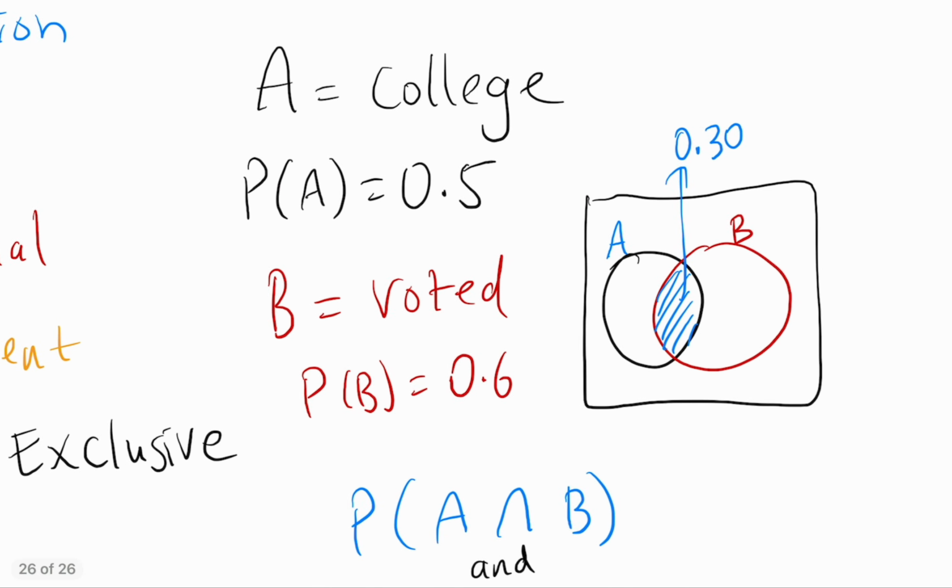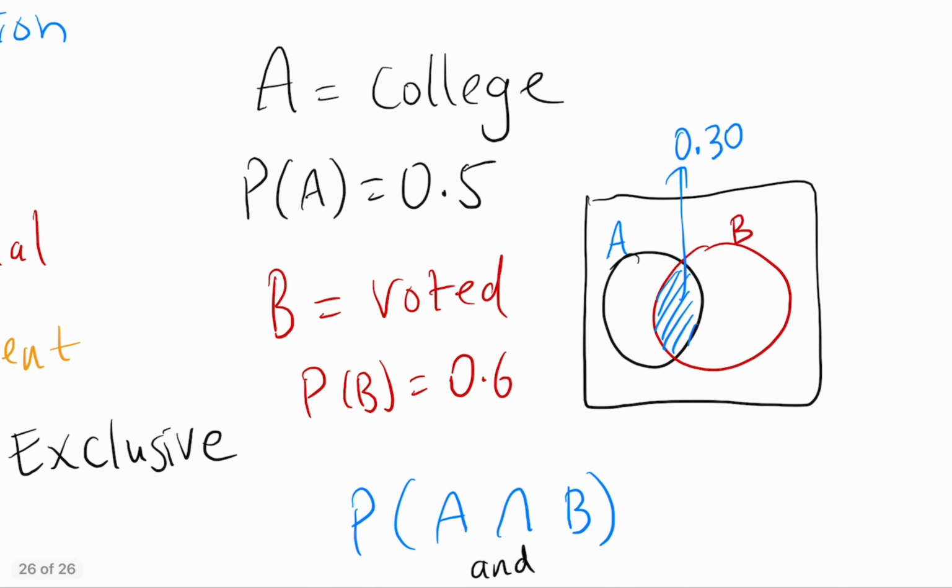So there's an 80% chance of being in this green region, meaning either having voted or having gone to college. And notice that if this green is 0.8, if that's 80%, and the whole thing is 100%, then you can also figure out that the probability of being neither a voter nor a college degree holder must be 20%, because 80% plus what is 100, so 20%.